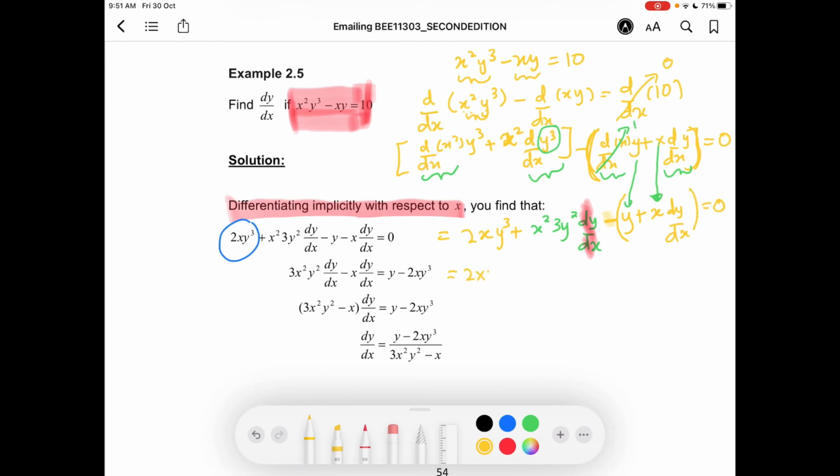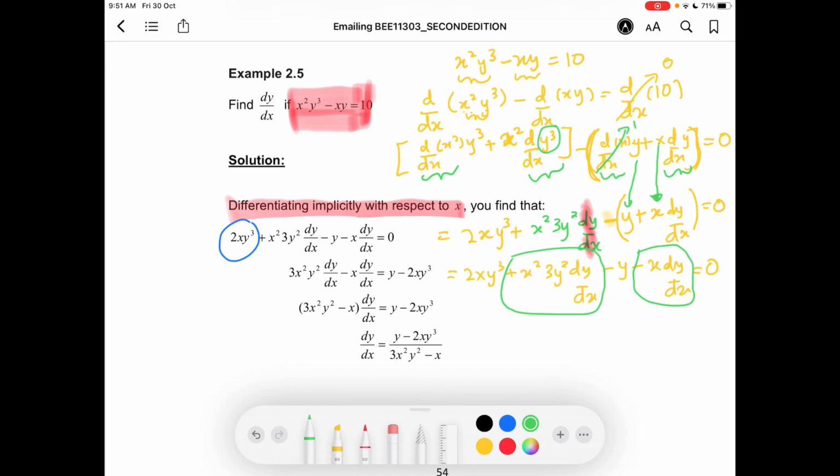Now if we combine it, 3y squared dy/dx minus y minus x dy/dx equals 0. Up to this point, we need to combine the terms that have dy/dx into one side and those without dy/dx into another side.